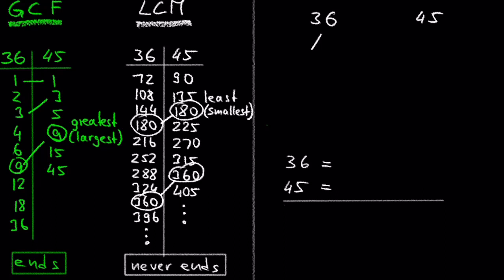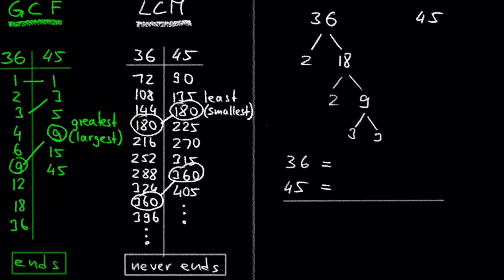So 36 can be factored into 2 and 18 because 2 times 18 equals 36. 18 can be factored into 2 and 9 because 18 equals 2 times 9. And 9 can be factored into 3 and 3 because 3 times 3 equals 9.